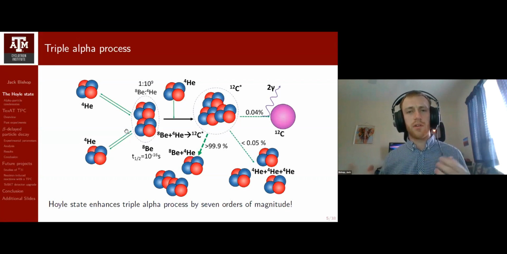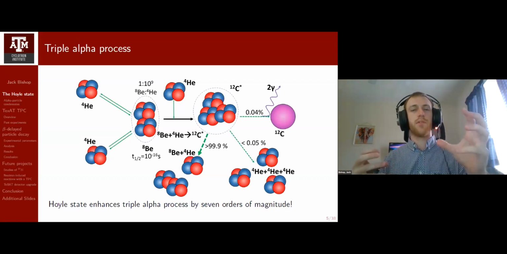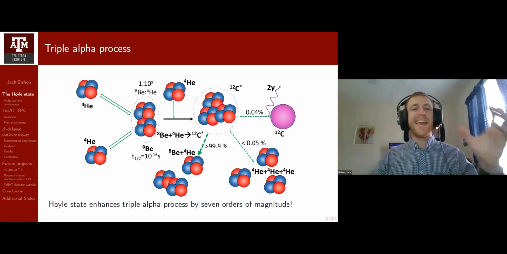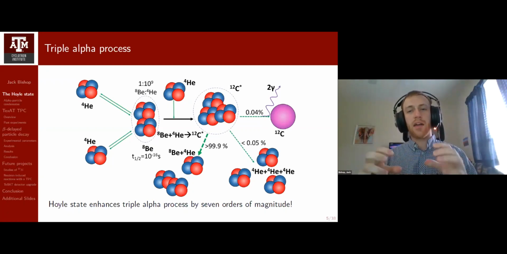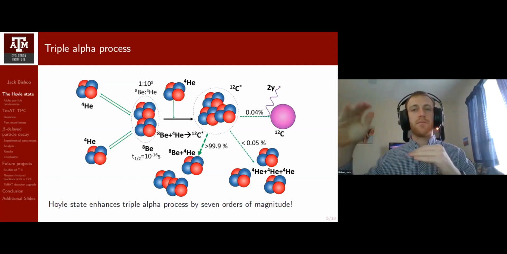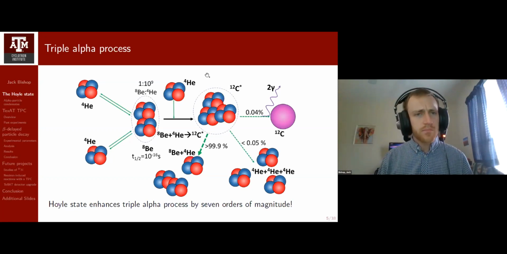As this reaction is going on, there's the possibility that in the meantime, when we have this beryllium-8, a third alpha particle can come in, interact with this beryllium-8, and we form states above the alpha threshold in carbon-12. As I mentioned before, the Hoyle state is vitally important for this process. It's through the presence of this resonance that this overall reaction process is enhanced by roughly 7 orders of magnitude.